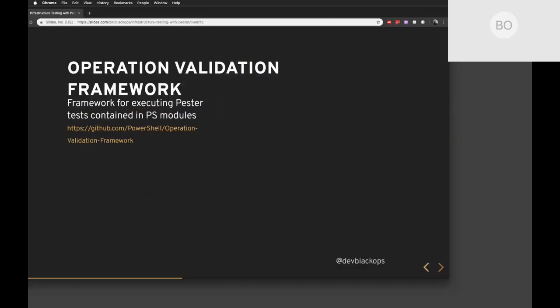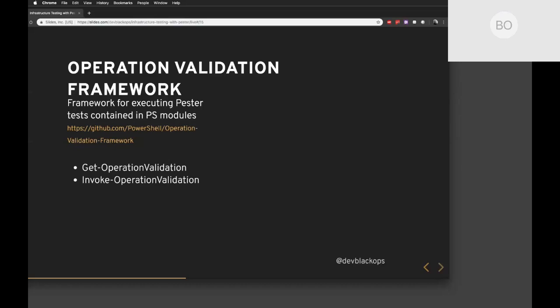You can distribute that module via the PowerShell Gallery or your own internal NuGet-based repositories. And it's a familiar format to package things. If you've been operating in PowerShell for any length of time, you're probably familiar with how to create modules. Bundling these Pester tests into a module is really no different.